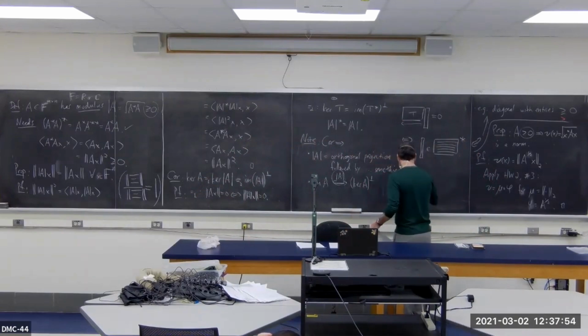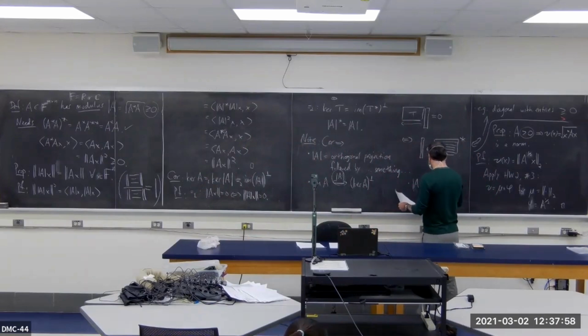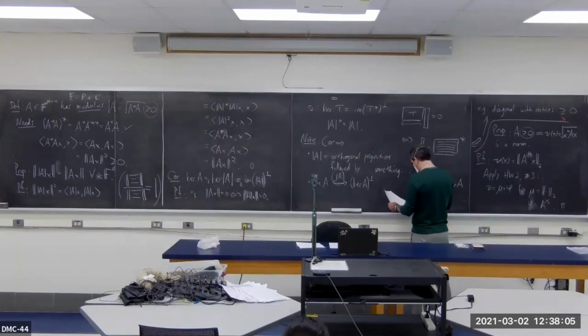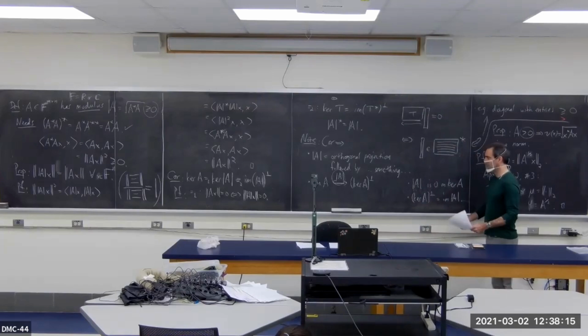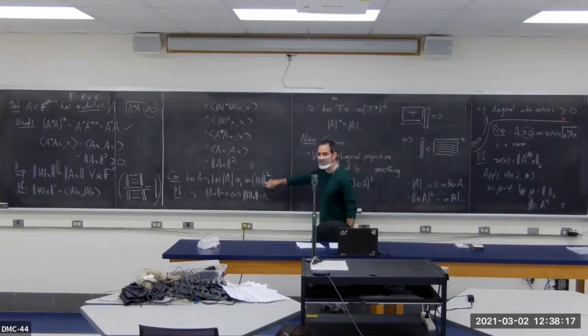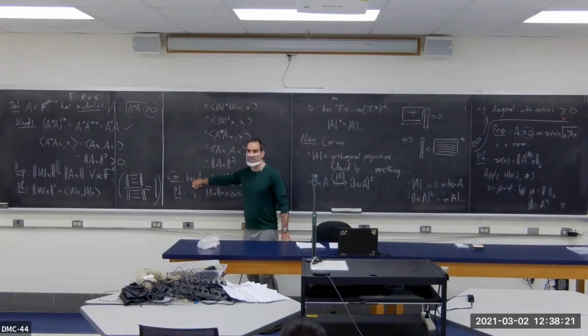So the point here is that the modulus of A is 0 on the kernel of A, first of all, and second of all, that the kernel of A perp is equal to the image of the modulus of A. Look at this statement over here: I've just taken the perp of this one and the perp of that one.